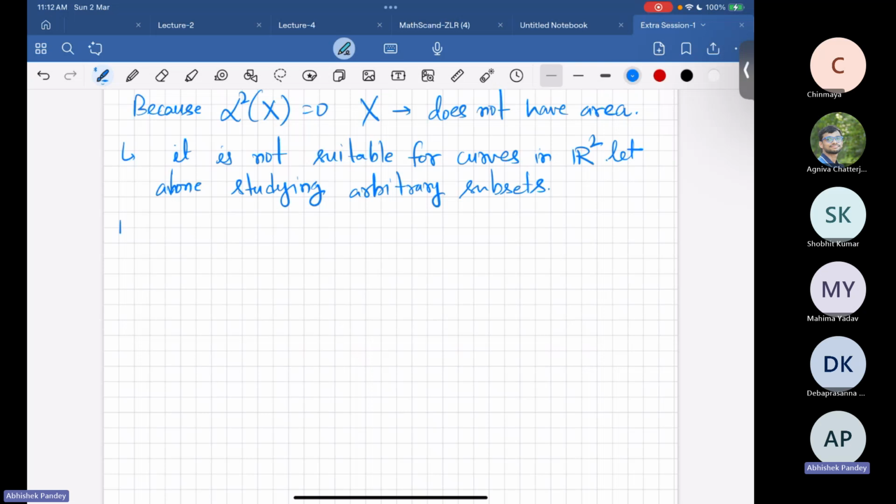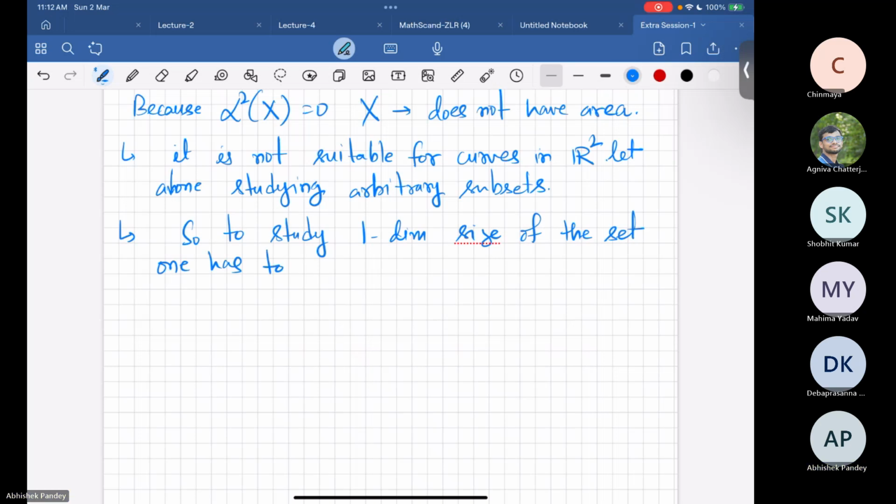Let me just write it down. To study a one-dimensional size of the set, one has to look for something new, and Hausdorff measure is one such.